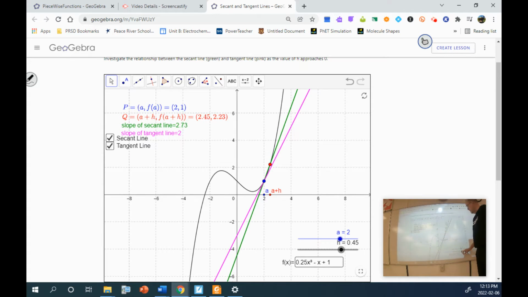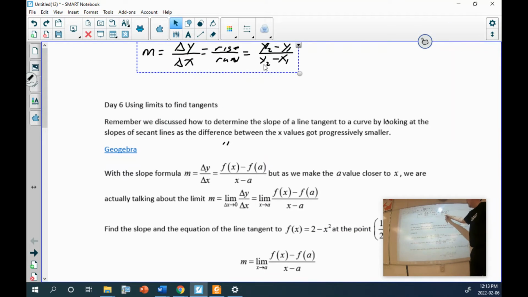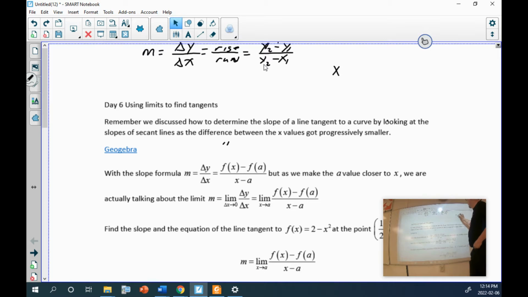Well, we can see the slope of the green line starts to become closer and closer to the slope of the purple line. Going back to our function here, the difference in the x coordinates, x2 minus x1, is approaching 0. So delta x is approaching 0.